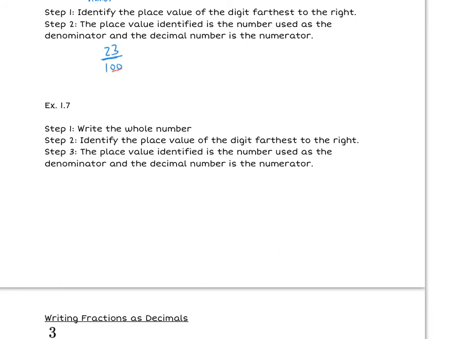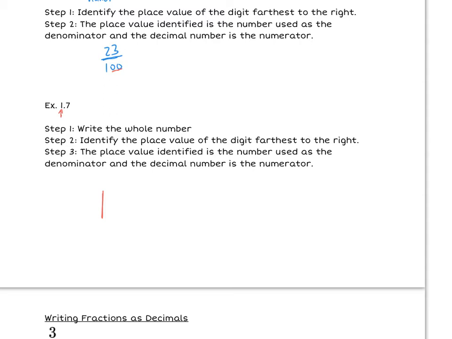This is going to be a mixed number answer because we have a whole number. So first step, write the whole number. What's the whole number in this? Just the number 1. So you're going to write the 1. Now imagine the 1's not there. You're just looking at the decimal.